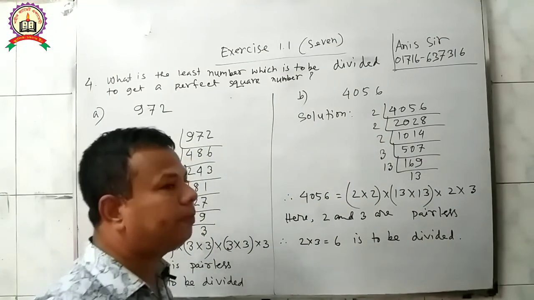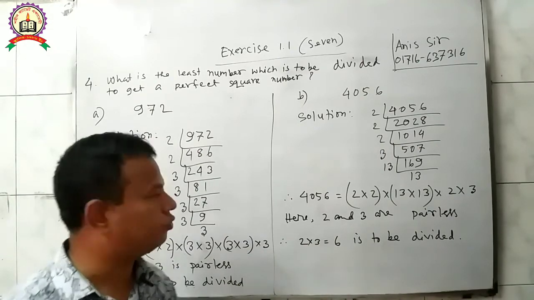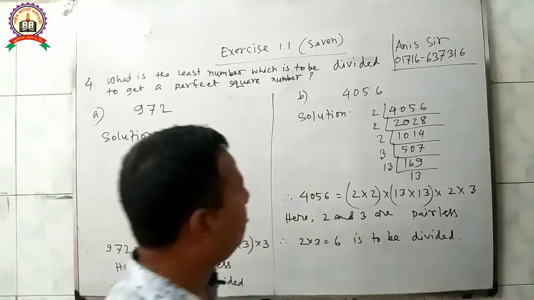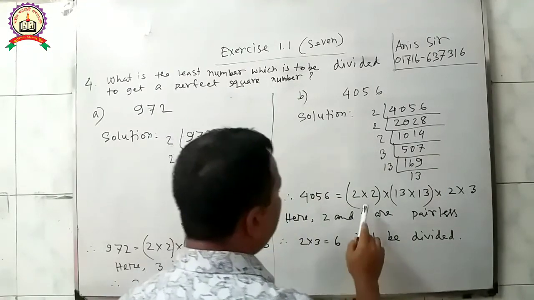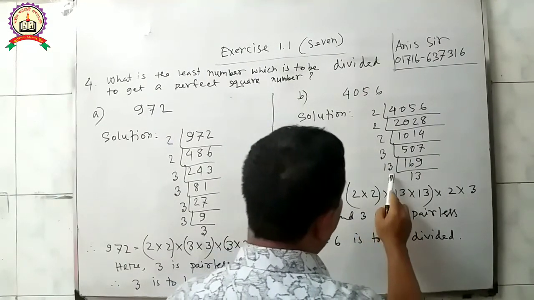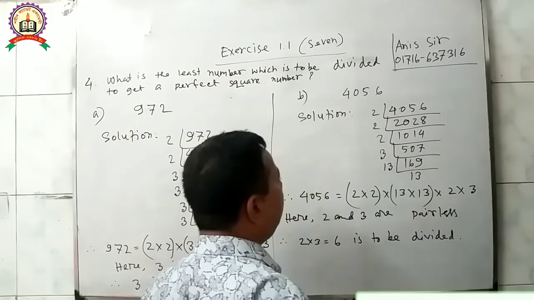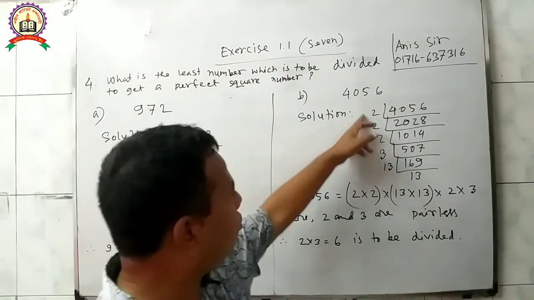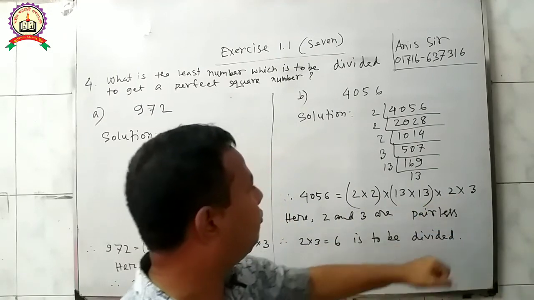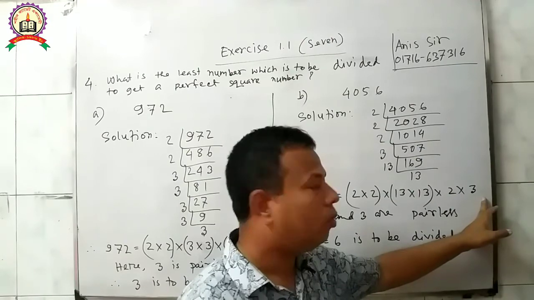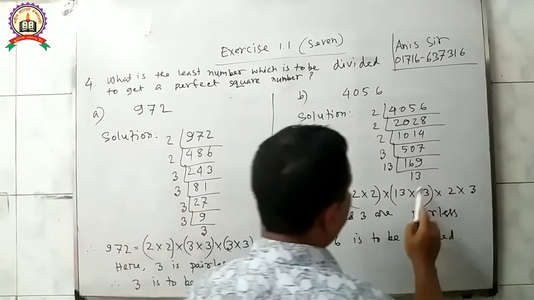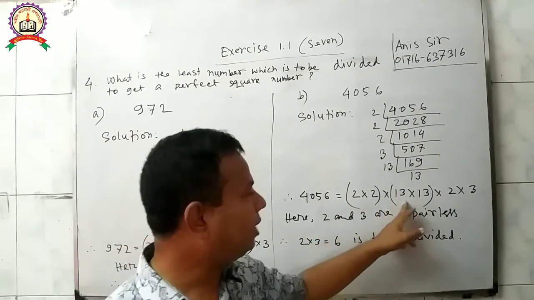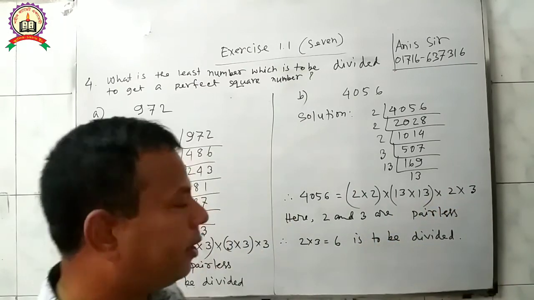So now we have to form pairs with these prime factors. 4056 equals 2 three times, 3 only one time, and 13 two times. Forming pairs, we get the first pair for 2 and the second pair for 13, and then 2 and 3 are pairless, without pair.